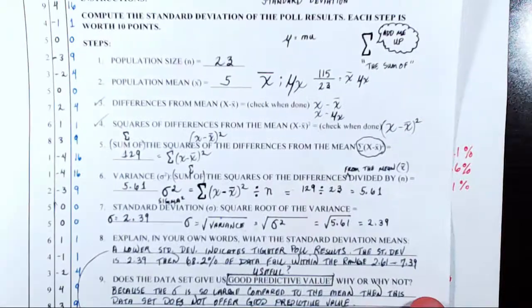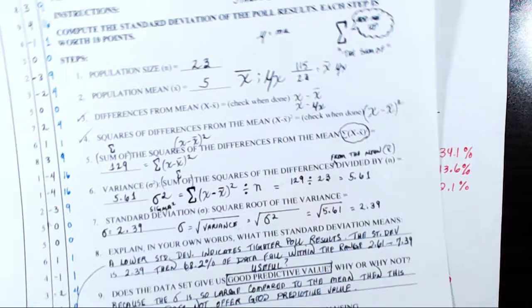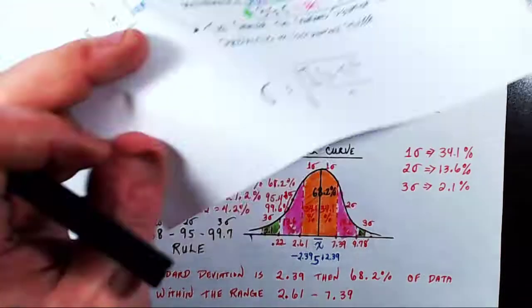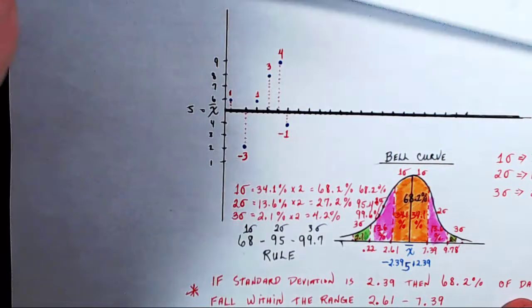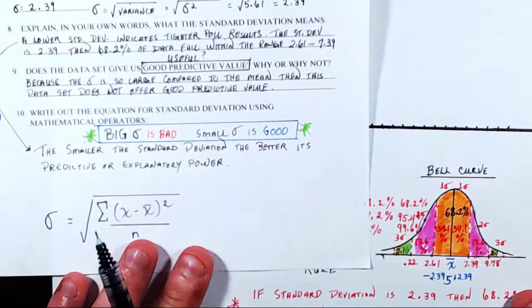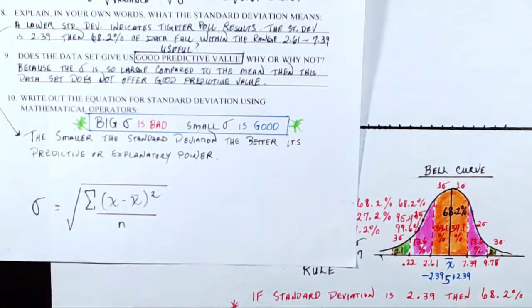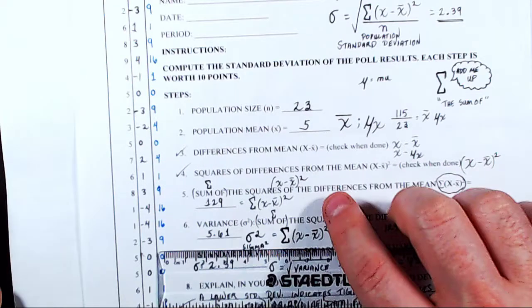We calculated variance here and said variance was 5.61. That's a pretty big variance when your data set is only 1 through 9. So we'll end it there. Here are the two major things you learned. You learned about the bell curve and you learned about standard deviation. And thank you very much for your attention.